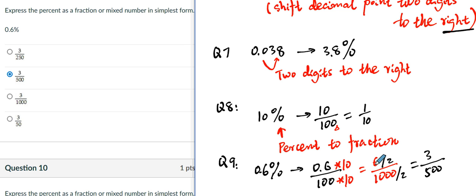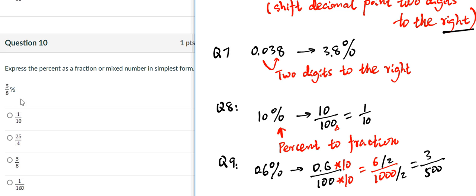We want to eliminate that common factor 2 upstairs and downstairs. We know there is a factor 2 in 6 and a factor 2 in 1,000. So the final answer for this one would be 3 over 500. That's this one.